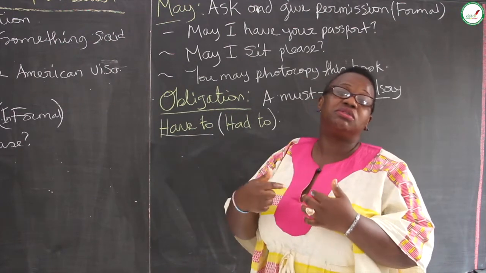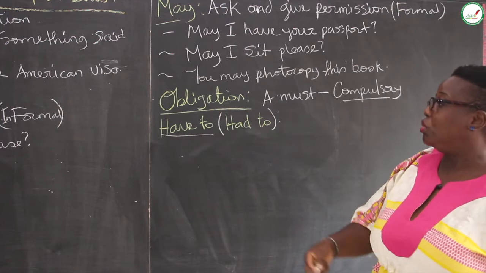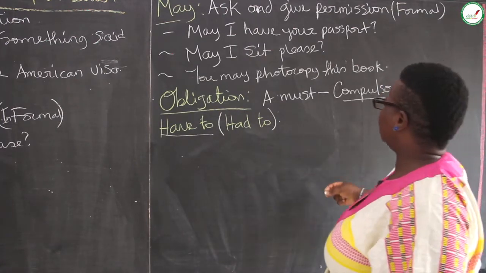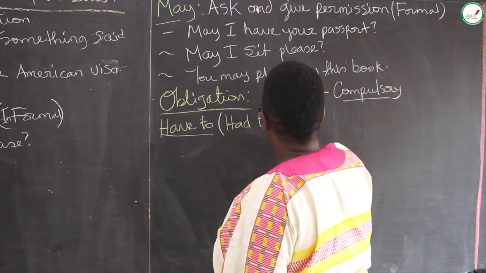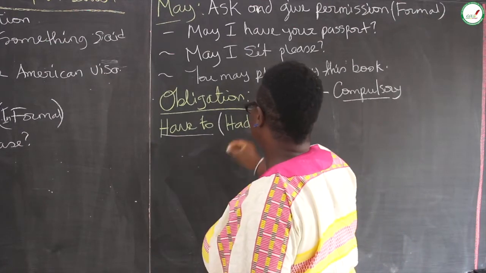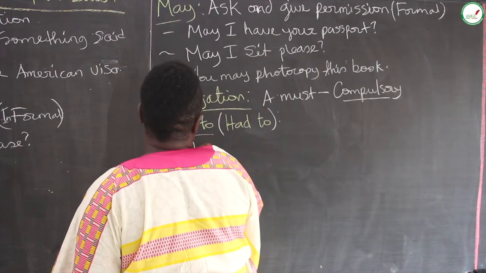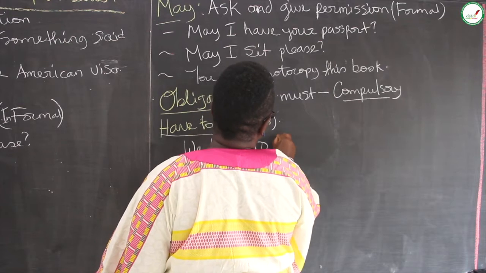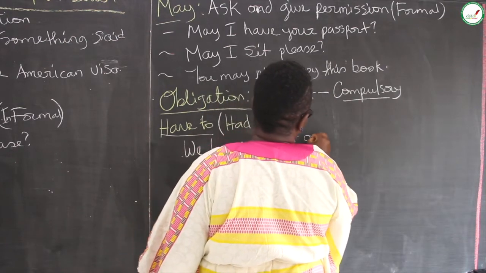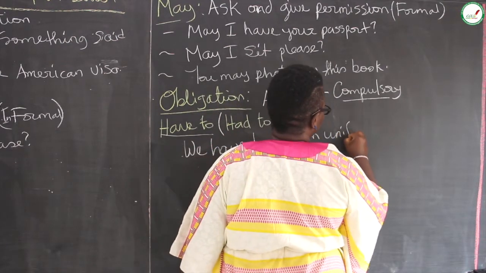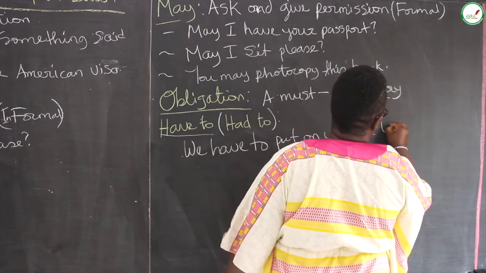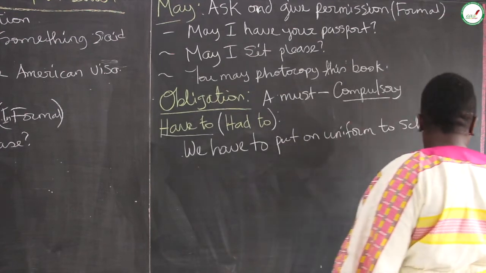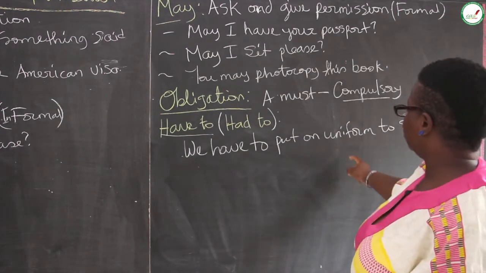Outside the speaker means it's out of me. For example, what's an outside rule? We have to put on a uniform. You have to put on a uniform to school.